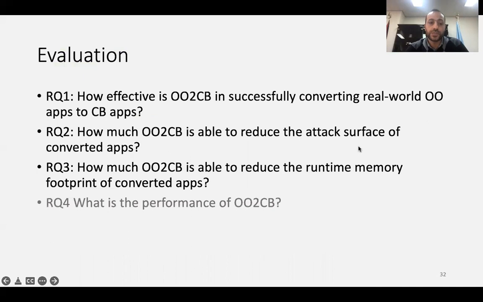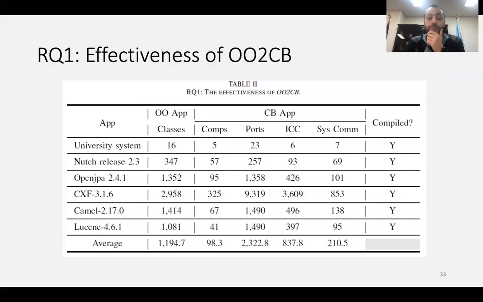In terms of the evaluation, we evaluated our approach using 4 research questions. I will present here the first 3. The first research question measures the effectiveness of our approach. We used five large real-world Java 8 applications, in addition to our demo application, the university system application.